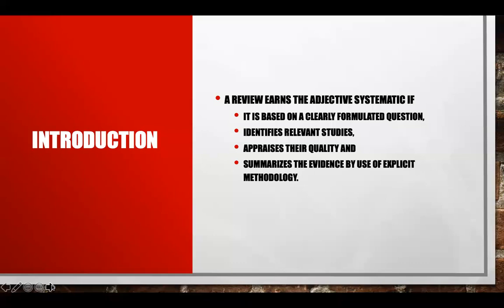Any literature review can be systematic if it has the following attributes: it is based on a clearly formulated question, identifies relevant studies, appraises their quality, and summarizes the evidence by use of explicit methodology. These are the key attributes that should be there if you are trying to call your review a systematic literature review.